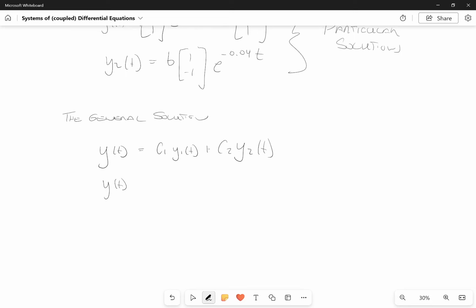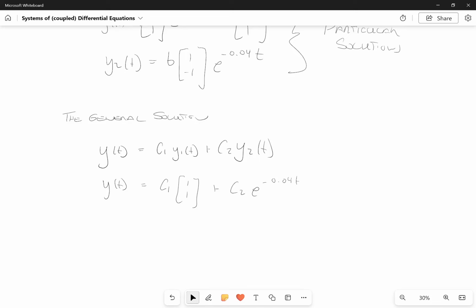So y of t is equal to c1 (1, 1) plus c2 e to the negative 0.04 t. And that's it. That is the general solution.